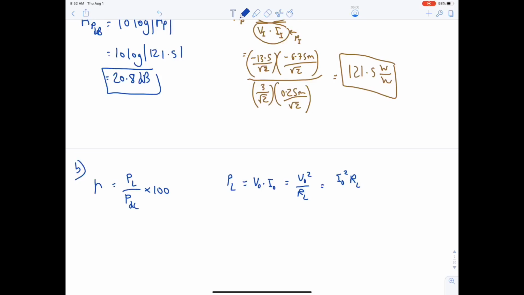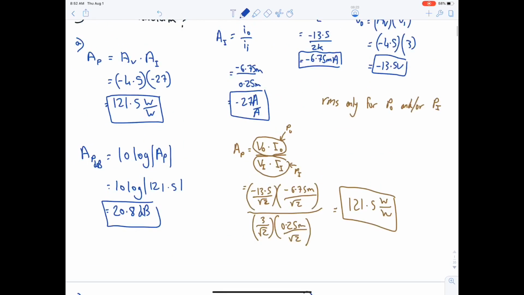In the previous question we already used this. Let's try this now. You can also just calculate this number and plug it in instead of PL. So we're going to solve it through VO squared over RL.